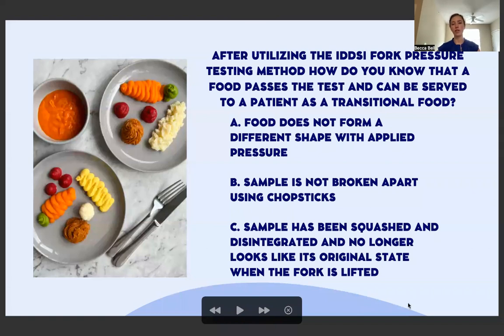A little bit longer one here. After utilizing the IDDSI fork pressure test method, how would you know that a food passes the test and can be served to a patient as a transitional food? So remember, those transitional foods are the levels 5 through 7. So the minced and moist, soft and bite-sized, and then easy to chew. For these levels, that fork pressure test would be appropriate to use.